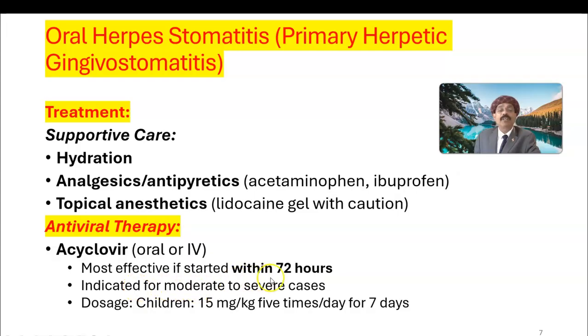Most effective if started within 72 hours. Indicated for moderate to severe cases. We also have other drugs like famciclovir and valacyclovir, which are commonly used. Dose for children: 15 milligrams per kg, 5 times per day.